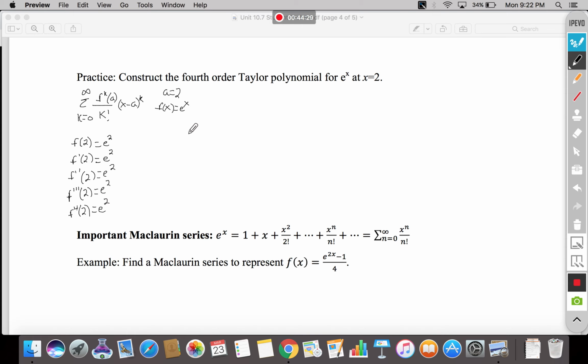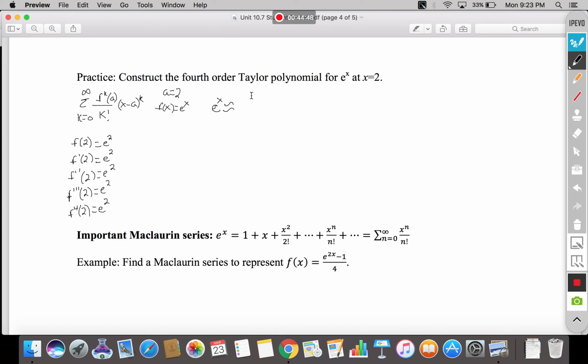We can now start piecing it together. E to the x is approximately then, I follow my pattern. Remember, take my term, divide it by the term number factorial, multiply by x minus a to the term number.